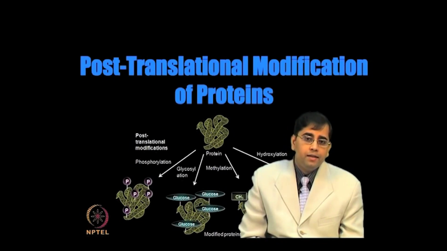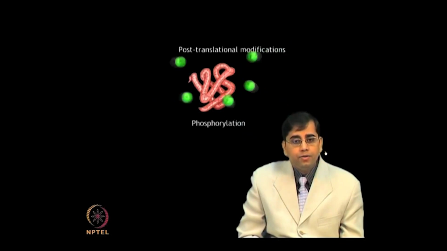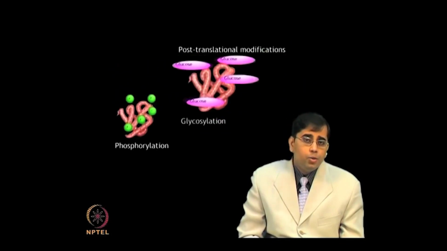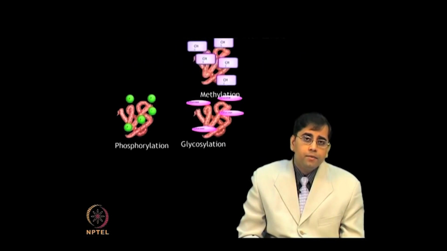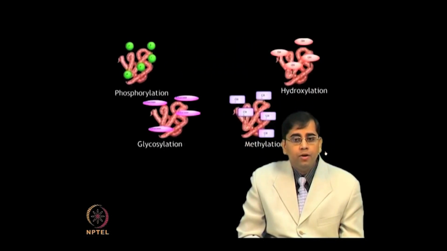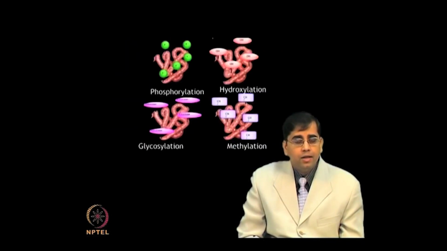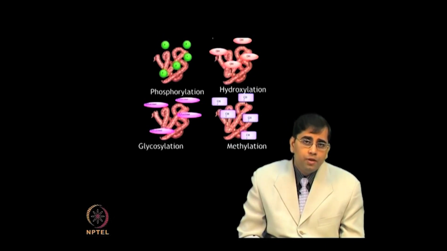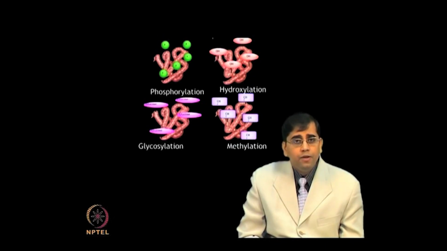Third important factor is post-translational modification of proteins. The proteins obtained by translation undergo folding and various post-translational modifications such as phosphorylation, glycosylation, alkylation, hydroxylation, etc. to give the final functional protein.